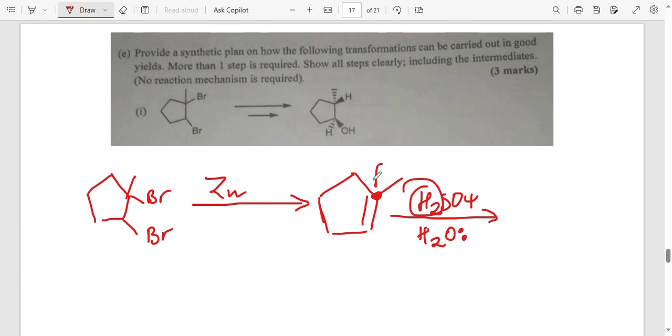Remember, if this is the end that has grabbed the proton, a positive charge will form over the other side. Water now goes and attacks where the positive charge has formed, at this other end. It will initially be like so, positively charged.